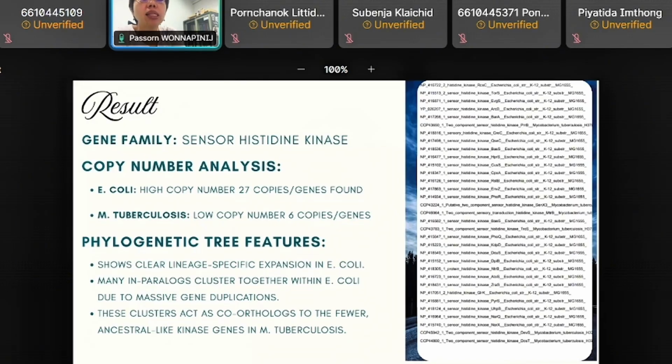So basically, let's say we just include the putative ones with the ones that don't have the term putative. So basically, you have three groups, right? One is histidine kinase, another is sensor histidine kinase, and the last is the two component sensor histidine kinase. Yes. Have you checked whether these kinases have different domain compositions?